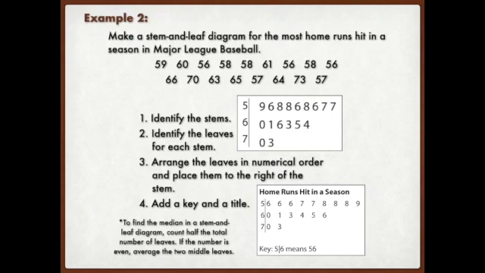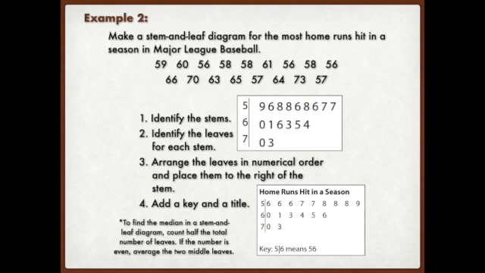So you can see up at the top, the first stem and leaf diagram, 5, 9, 6, 8, 8, 6, 8, 6, 7, 7 is not in numerical order. But then I see the one at the bottom that is now put in numerical order. So I need to put in numerical order. Then I add a key and title.